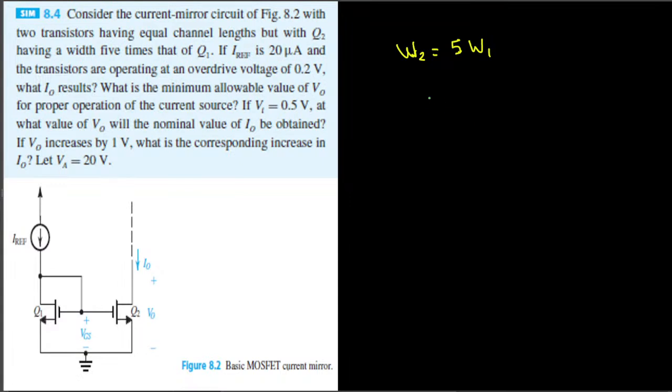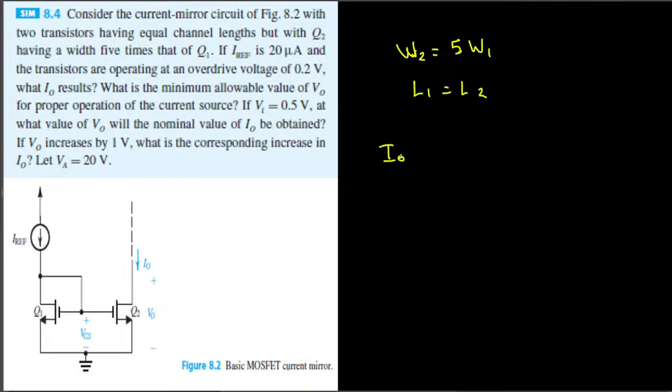And if we consider the length of this one, L1 and L2 are equal. Whatever the length here is, the same length is here as well. Only the widths are different. So to find the current I0, we can create the equation.